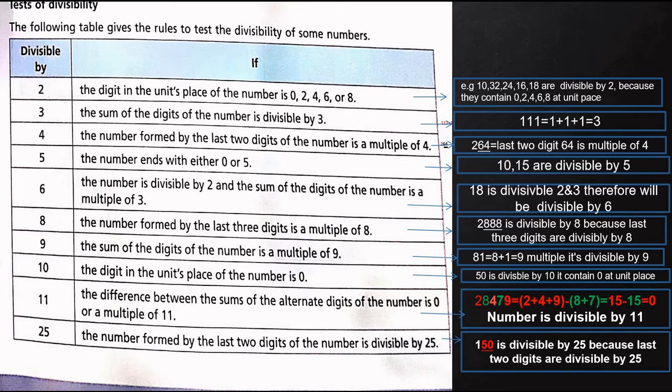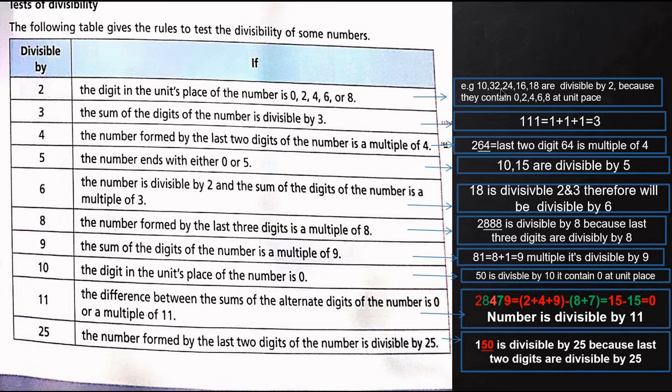The number which contains these at the unit place will be divisible by 2. 10, 32, 24, 16 and 18 are divisible by 2 because they contain 0, 2, 4, 6 and 8 at the unit place. Therefore these are divisible by 2.